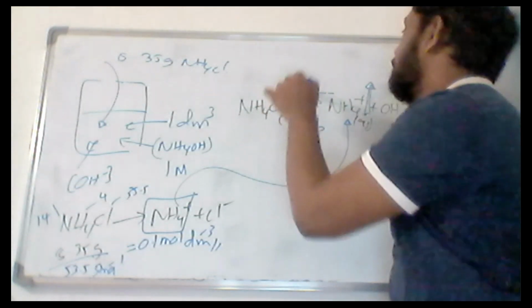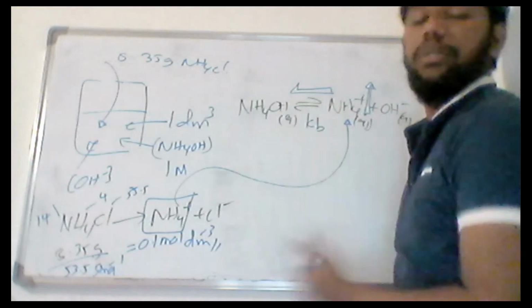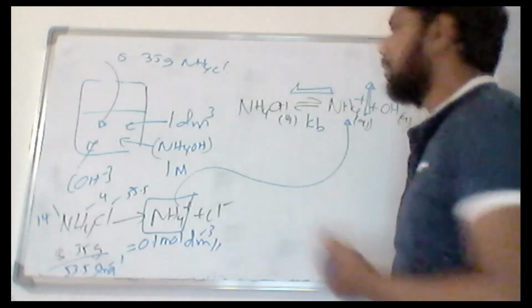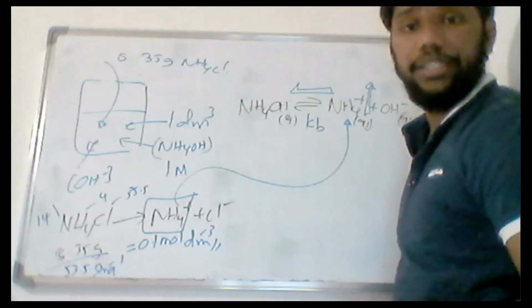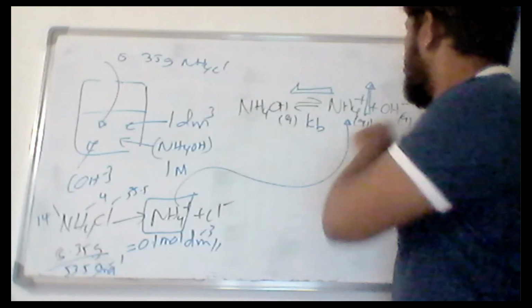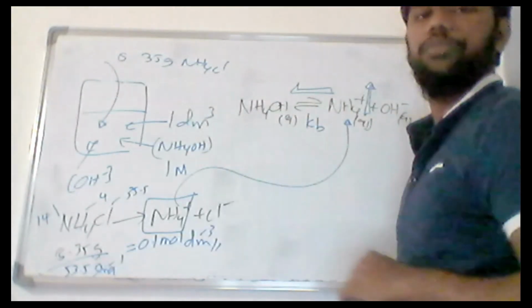This equilibrium should favor the left hand side, which means the reversible backward reaction happens more, and the equilibrium will be shifted towards NH4OH, and now the OH minus concentration will be reduced. Why? Backward reaction happens more.